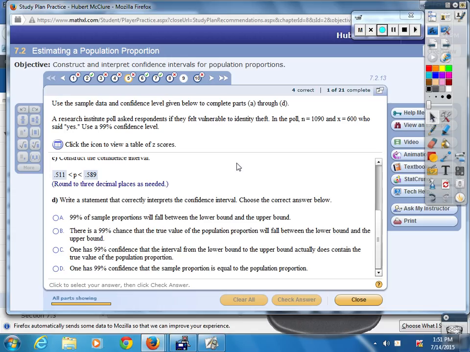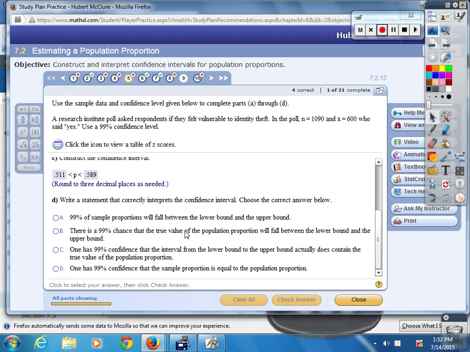It looks like ours is a little bit low. In other words, we're saying we got a 99% confidence interval that the numbers should be 51 to 59%. And ours comes out to 0.55. So ours is within the confidence level.